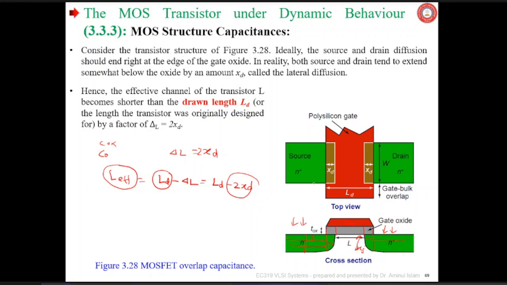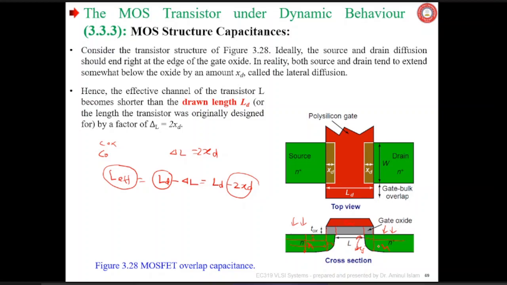Previously, a diffusion process was adopted to make the N plus region. Keep the phosphorus on top of this region and it will be diffusing towards the substrate. So the name was diffusion. This region was called the diffusion region, drain diffusion region and source diffusion region.